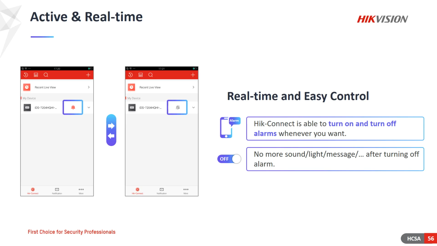If you already go home, you are at home and you are not worried about someone intruding or breaking in, then you can just turn it off. And then you go to work and there's nobody at home, then you can just turn on the alarm. So if someone breaks in, you're able to receive the alarm remotely. This is very good.